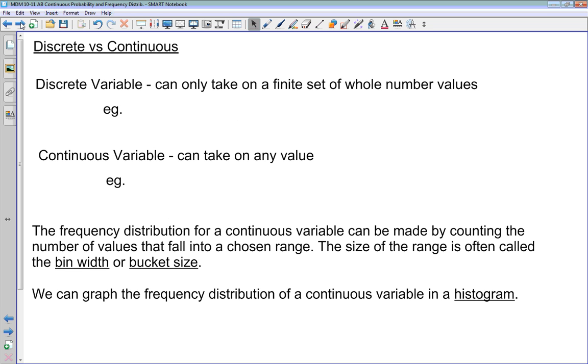So first off, discrete versus continuous variables. We talked about this a little bit when we talked about discrete variables. We said that a discrete random variable can only take on a finite set of whole number values. So the classic example might be something like counting the number of red cars on the road.